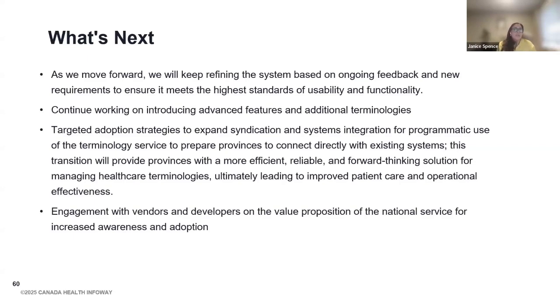A key piece of our work next would also be targeting adoption strategies, such as engaging with vendors to ensure that we can expand syndication and systems integration for programmatic use of the service, which is where we see the key value added for a service like this, not just doing it the old school way of downloading content. We want to get out there to ensure that the adoption levels are increased at the system integration level, and we'll do that with more engagement with vendors and developers on the service and the value proposition for all our stakeholders in Canada.